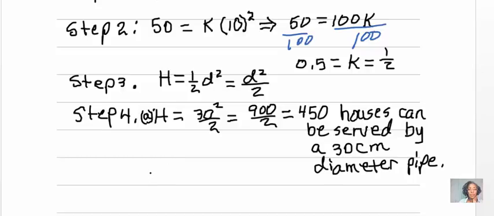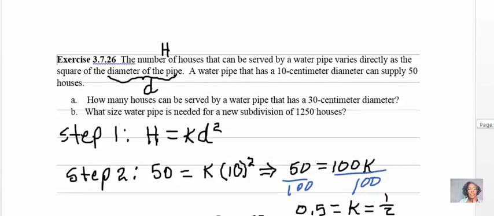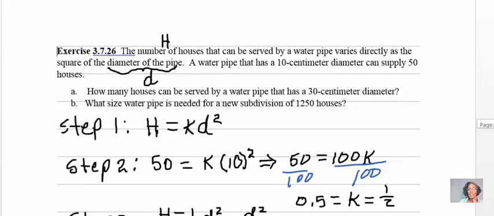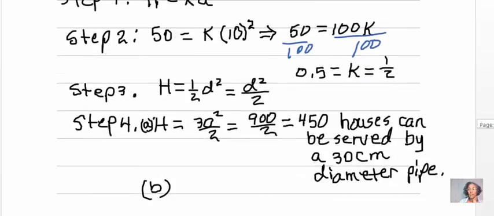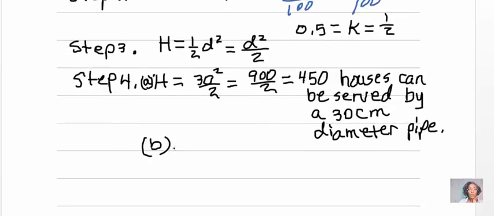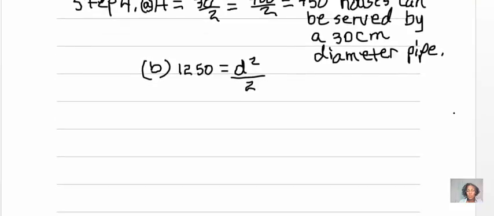Part B of the problem says, what size water pipe is needed for a new subdivision of 1,250 houses? So I'm going to replace H with 1,250, trying to find the diameter. So 1250 equals d squared over 2.